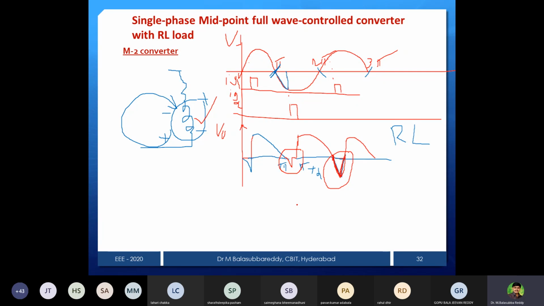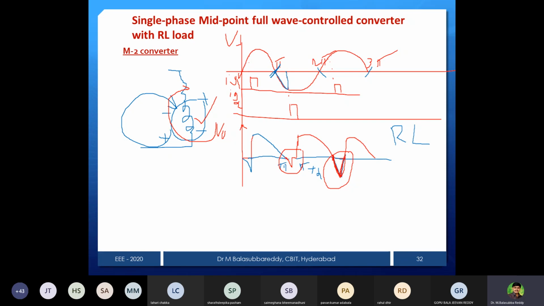What is this gap? It is unable to conduct for that much duration because you have only a small amount of energy, because the inductor value is small. If the inductor is small, then what will happen? The energy stored in the inductor is less, and to dissipate that energy through the same thyristor takes less time.